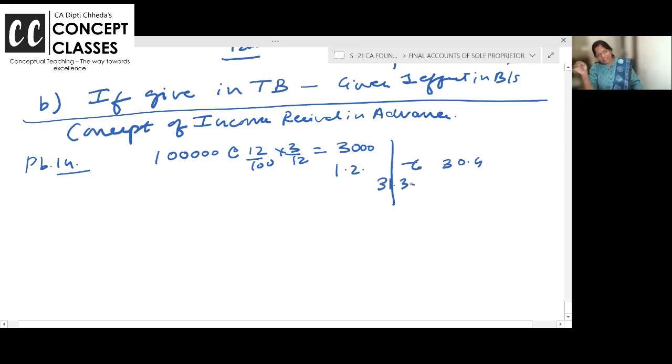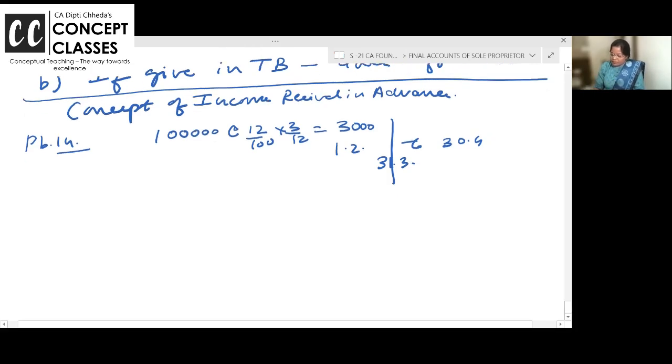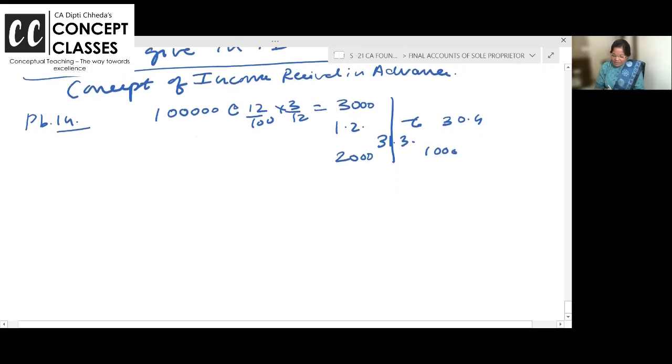ऐसे ही cut off, ऐसे ही diagram draw करो. It's the best way of understanding. Cut off is March. ठीक है? Now, 1 month out of 3 months, February and March is correct. 1 month is received in advance.